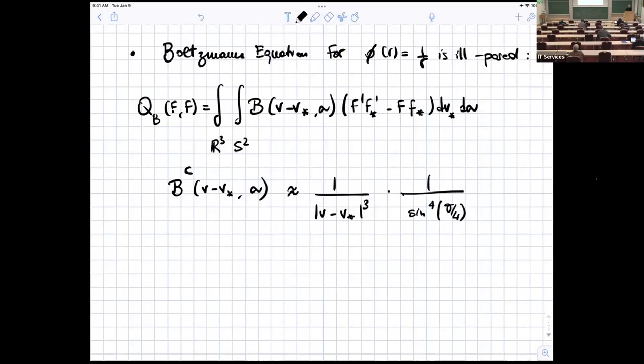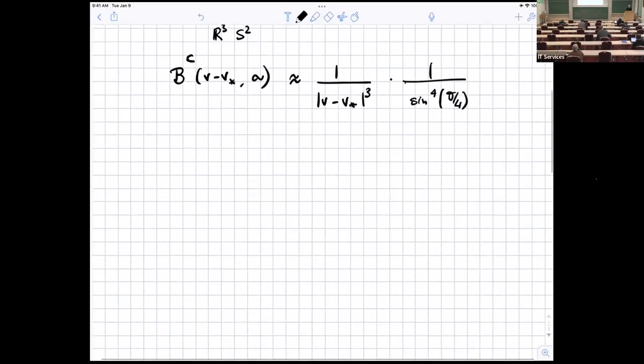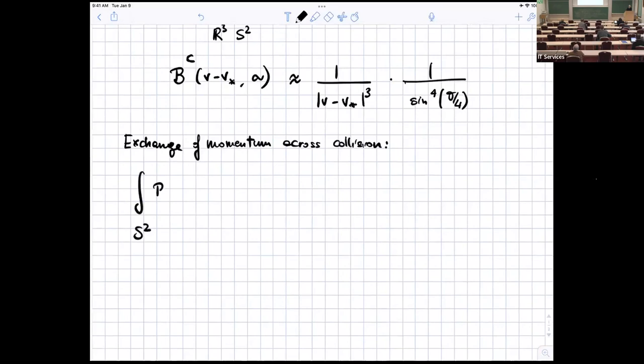Then if we want to look at the exchange of momentum across collision, one has to consider the integral on the sphere of the kernel times the element v minus v star.